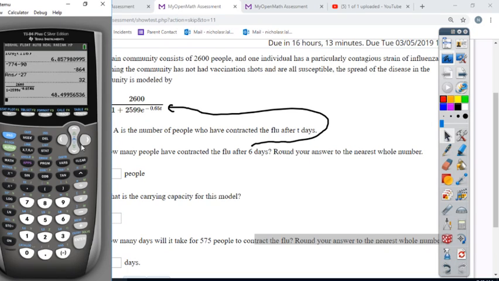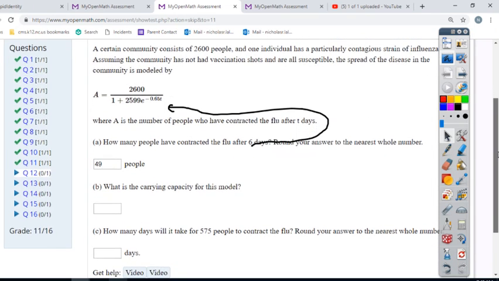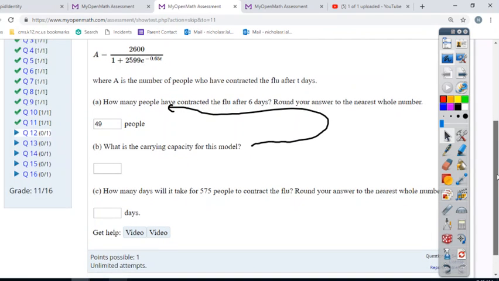Just plug that all into the calculator. And that's 48.499, so that will round up to 48.5, so that should round up to 49. But I don't know what exactly their rounding issue is, so round to the nearest whole number.